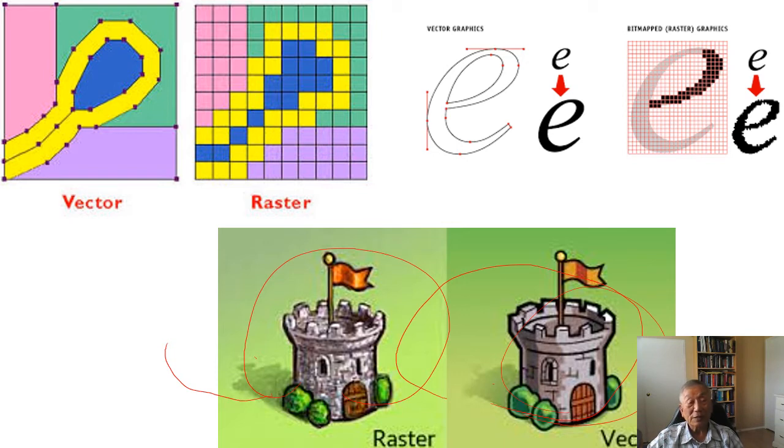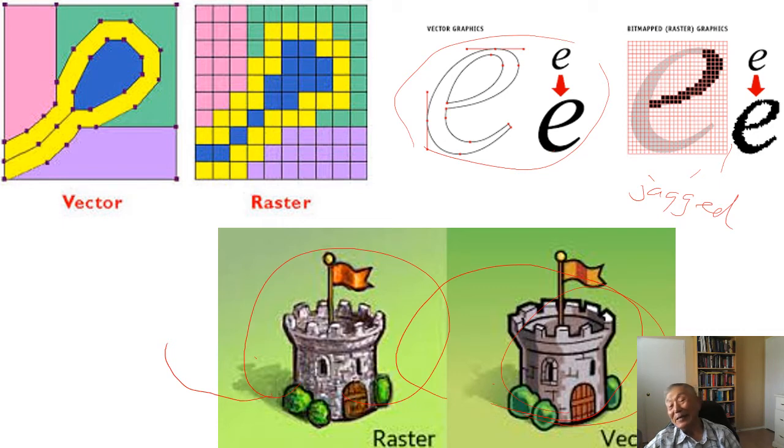On the other hand, raster is just dots like that. The same letter E, but with vector graphics it's accurate and clear, with very solid looking lines. In here, it's a little blurry. That's called jagged, or sometimes anti-aliased.